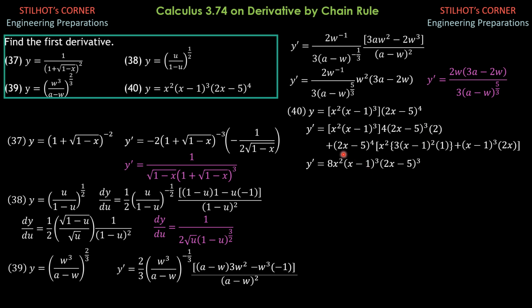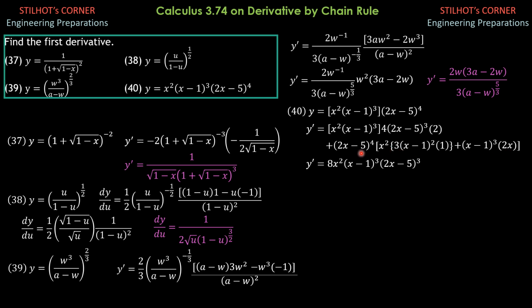Then here, plus quantity 2x minus 5 to the fourth. Then for the terms inside the brackets, for constants there's no common constant, but for the variable x there's a common x.